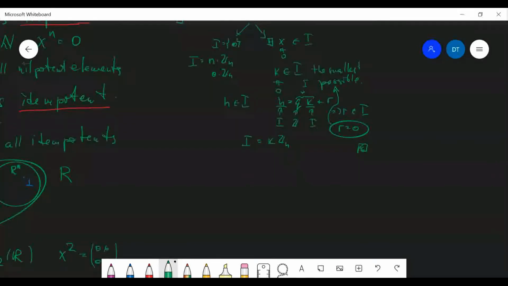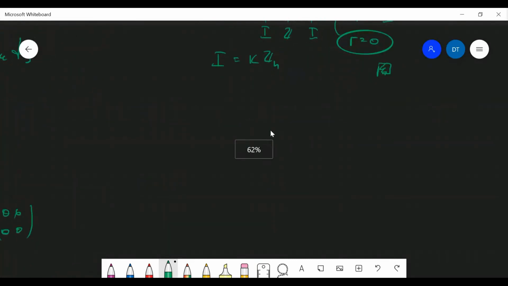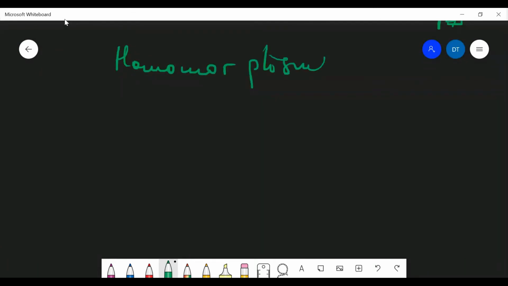Okay, so now we know all possible ideals of the ring Z and all possible ideals of the ring Zn. The ideals will help us to deal with homomorphisms, actually. So let's discuss homomorphisms for rings. Homomorphisms are a way to compare different rings. So what is a homomorphism of rings?